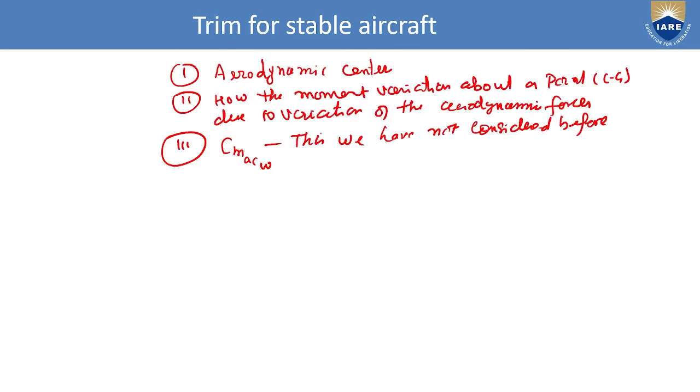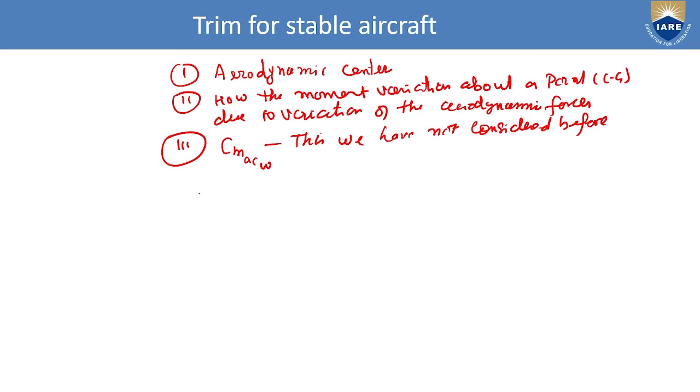Okay, so the aerodynamic center I have already explained just now, and how the moment varies about a point CG, we have also taken. Now I will concentrate on CMAC and how this coefficient of moment about the AC is changed.